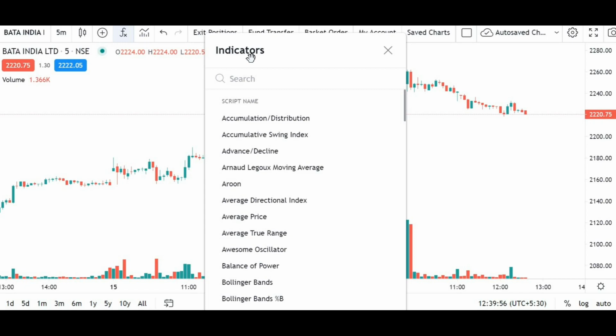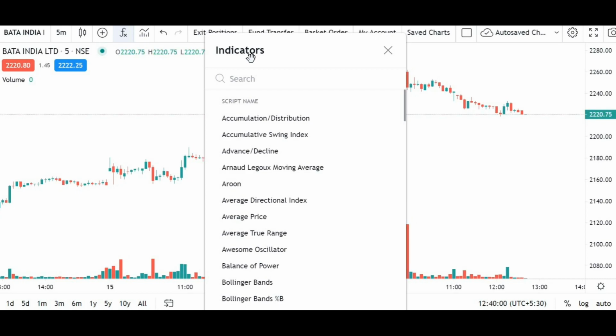So for more confirmation, or more possibilities, that will be a very good chance for us to enter in our trading style. So to get more confirmation and also more reliability, we can add indicators on our chart.